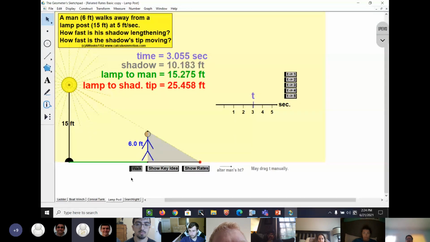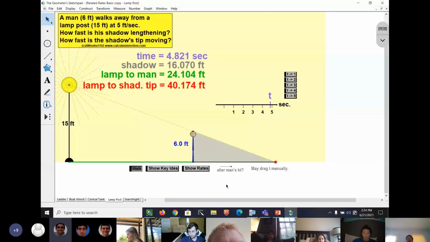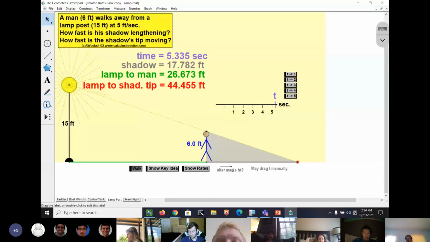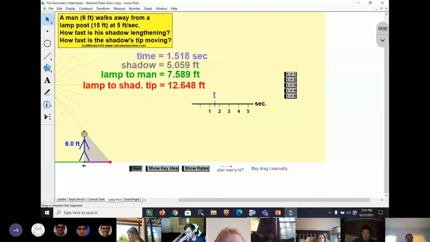So X increases as theta what? Decreases. That's another related rate. See, when you go back here, well, I didn't mean to do that.